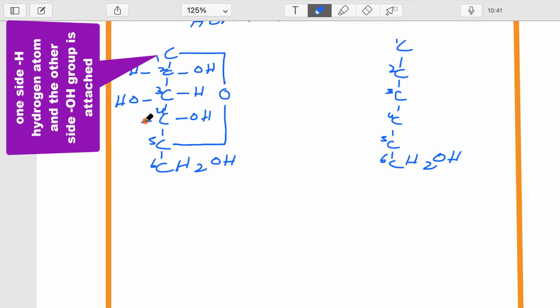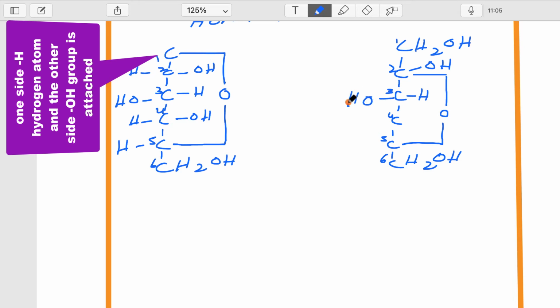Here it is H. See how beautifully the structure has formed.